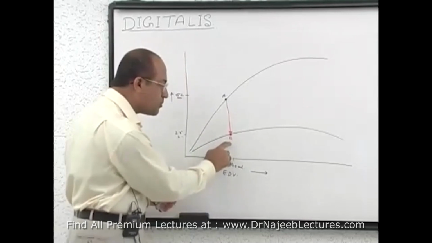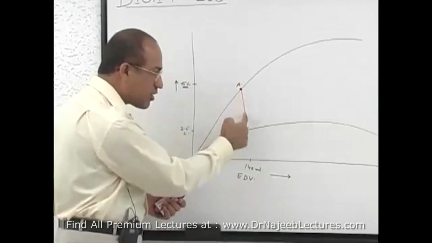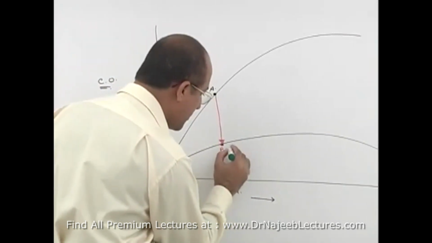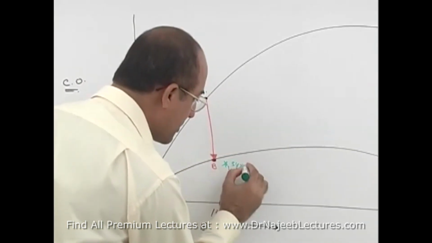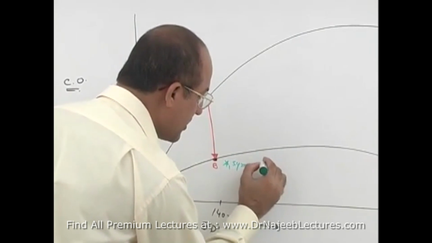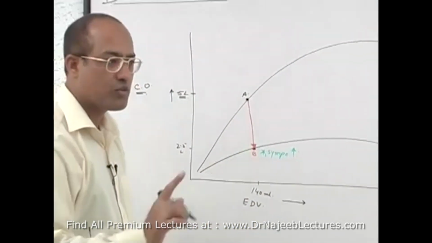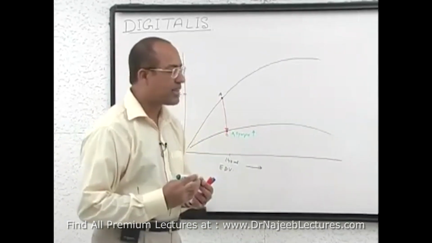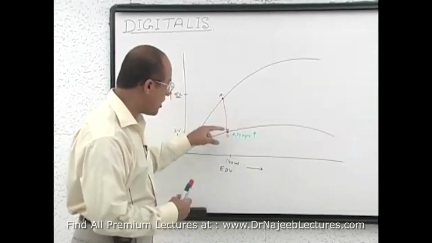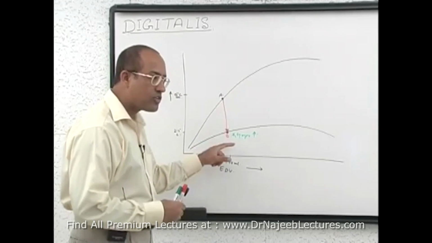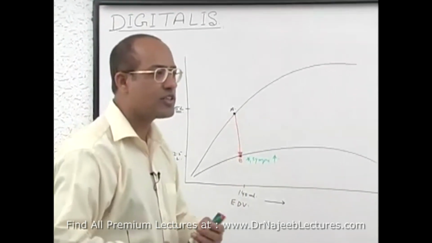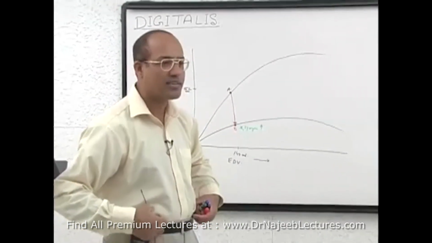So at point B, as soon as cardiac output drops, there is activation of, number one, the sympathetic nervous system. Sympathetic activity is increased. This is one thing which will happen automatically. The second thing which will happen is that as soon as cardiac output drops, not only will baroreceptors increase sympathetic activity, but do you think renal blood flow will be more or less?